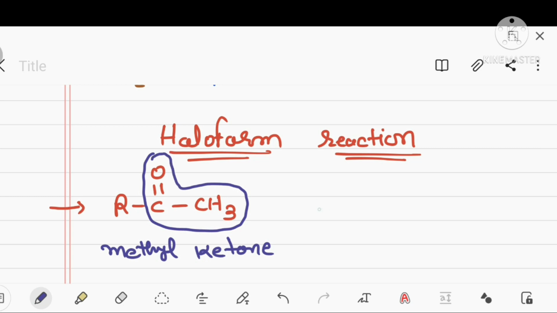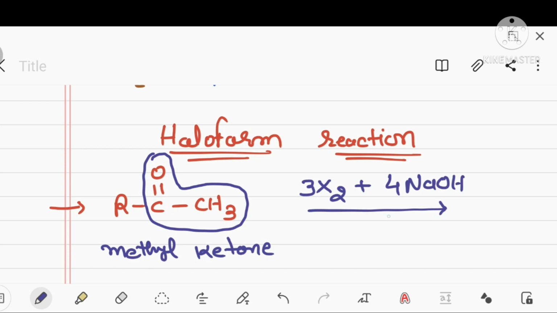Whenever it is reacting with 3 moles of halogen plus 4 moles of NaOH, or sometimes they give hypohalide, NaOX.